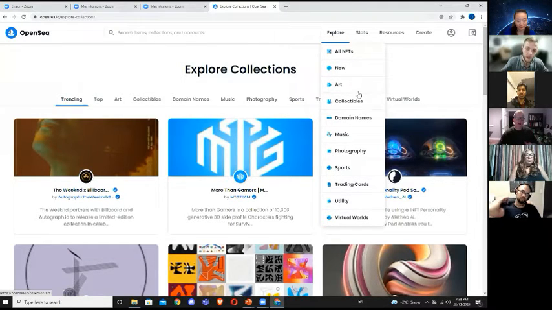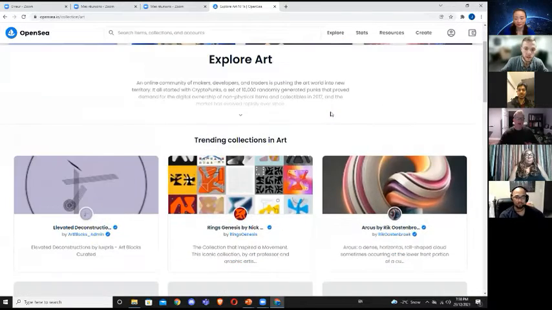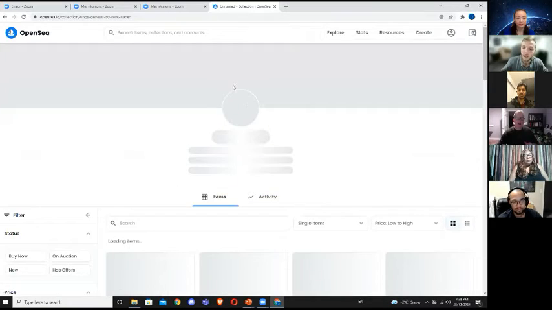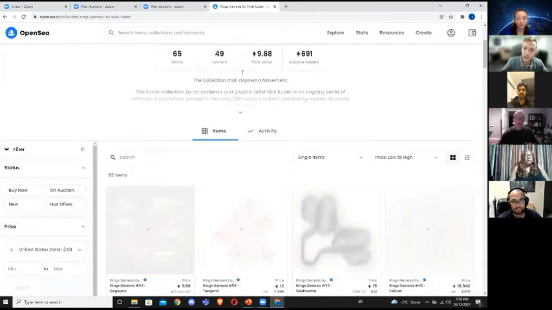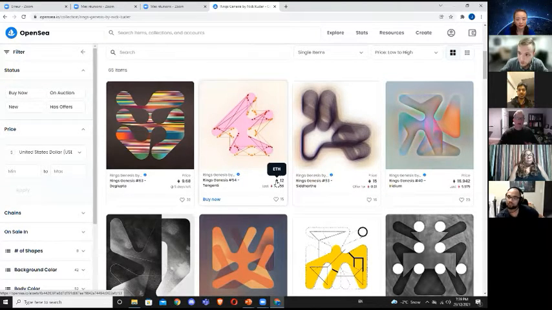And if we take a look maybe in art, we can see what's going on, like here's some trending collections. And if you want to be minting on OpenSea, you'll notice everything is priced in Ethereum. You see that?